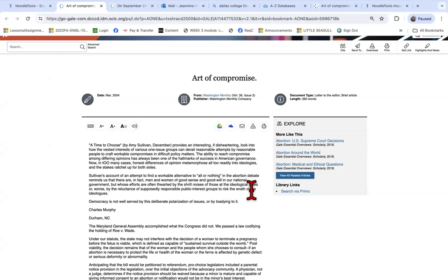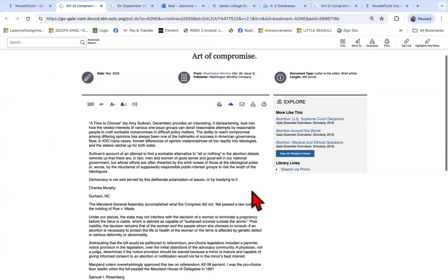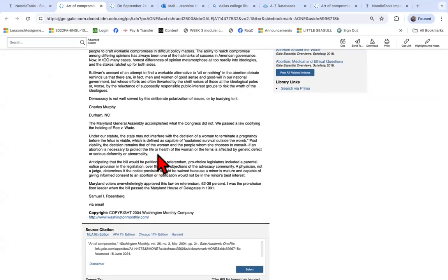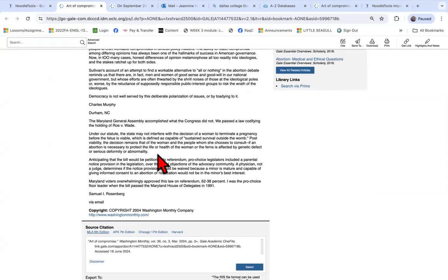So people then are afraid of cancel culture and all that if they don't go along with everybody else. So let's see if this has something to help. Under our statute, the state may not interfere with the decision of a woman to terminate a pregnancy before. Okay, so this is in Maryland.